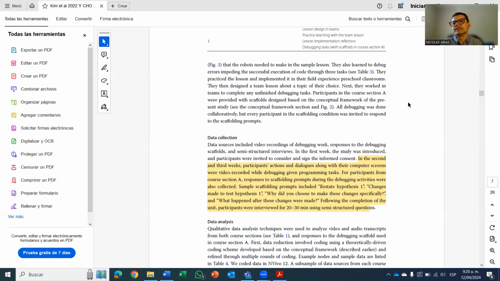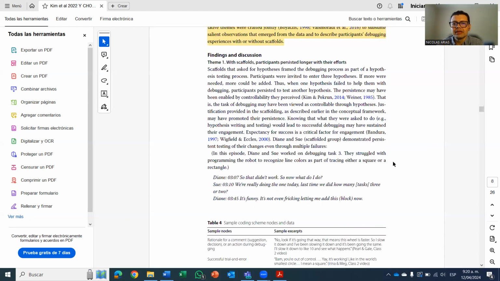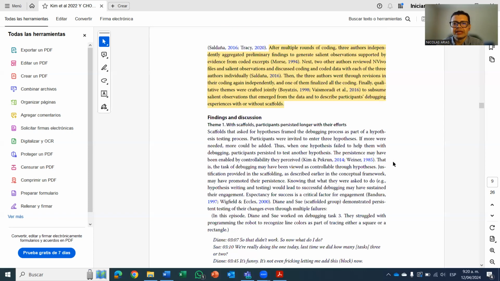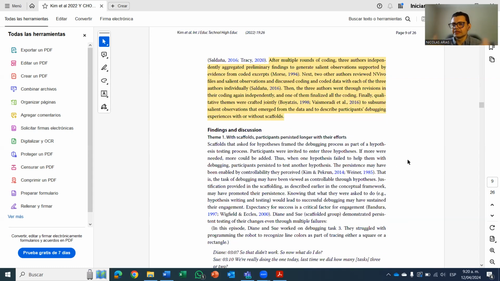And the other one is about their perspective, inquired about in semi-structured questions, like a semi-structured questionnaire. And that's what the analysis is talking about.